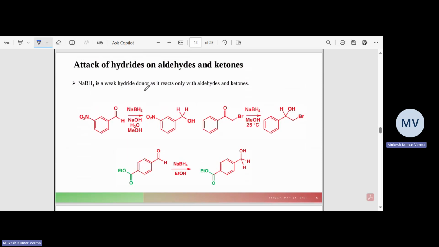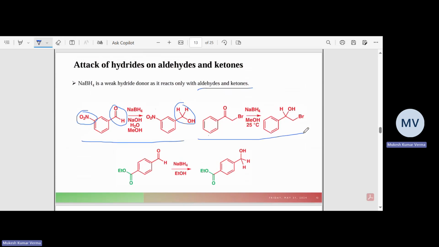Sodium borohydride is a weak hydride donor. It only reacts with aldehydes and ketones, and mostly with aldehydes and less with ketones. In the given example, there is another functional group, a nitro group, but sodium borohydride reduces only the aldehyde. Only the aldehyde group is reduced, and the nitro group remains as it is.